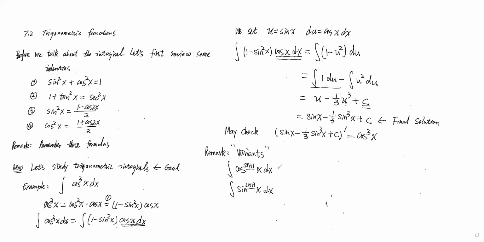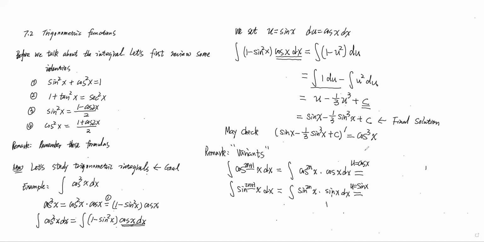The method is the same. We separate one factor, so we separate cosine x dx and keep cosine to the 2n of x. In this step, we use u is sine x. For the sine case, we use u is cosine x. And also we use the identity.